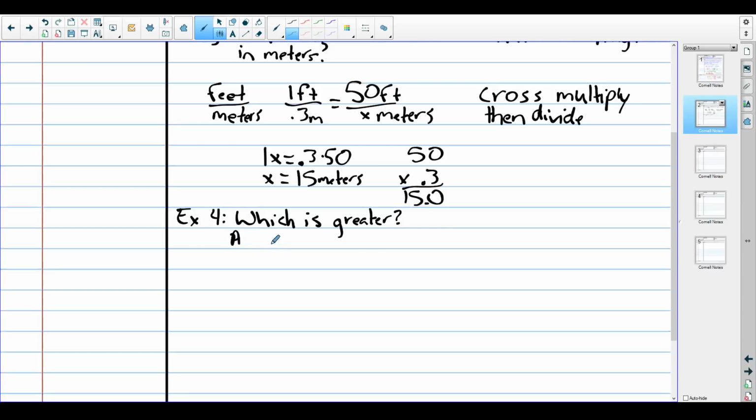A, a 1.5 pound box of gummy worms, or B, a 650 gram box of Scooby Snacks.